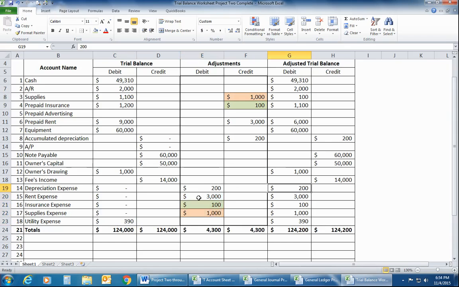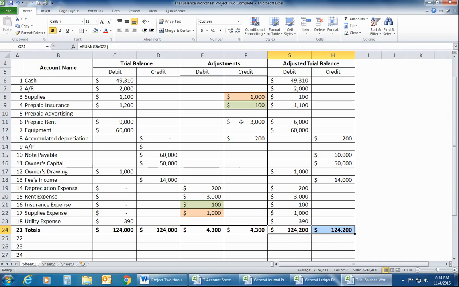So each time we increase something, this now is going to give us a balance in that account, and we move it over to the adjusted trial balance. Everything with regards to the equation should remain the same, and at the bottom of the adjusted trial balance, after the adjustments, you should still have both sides in balance.